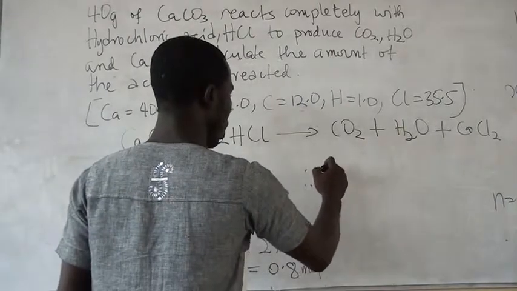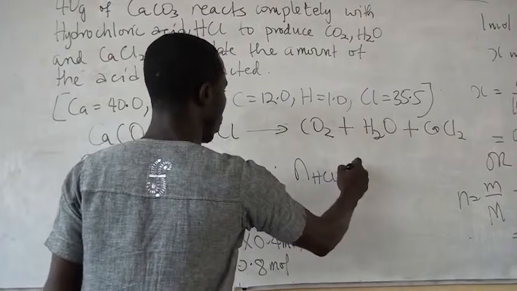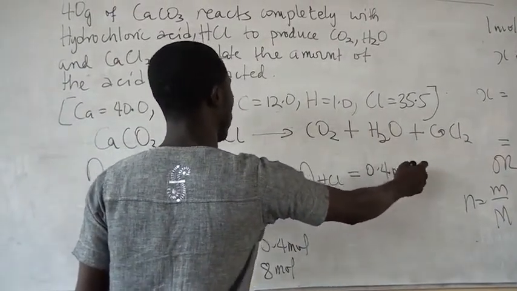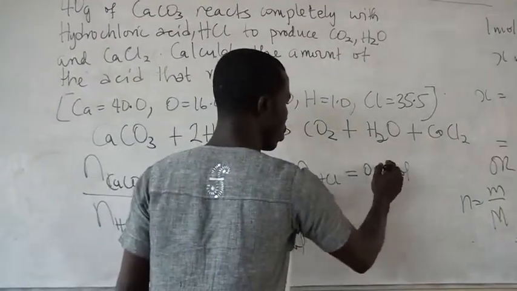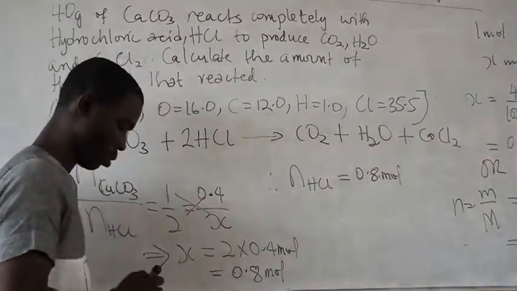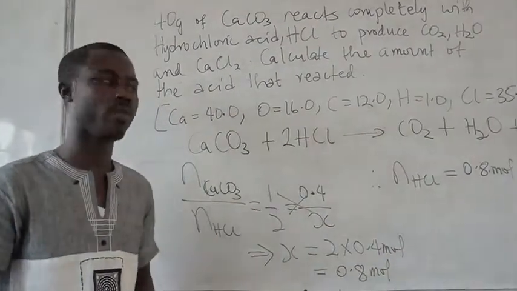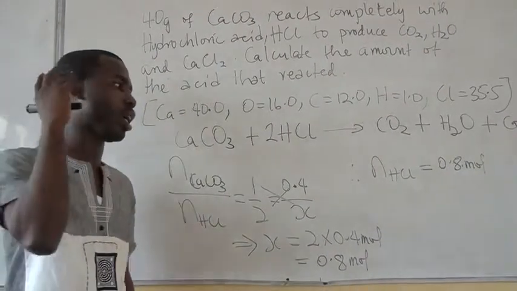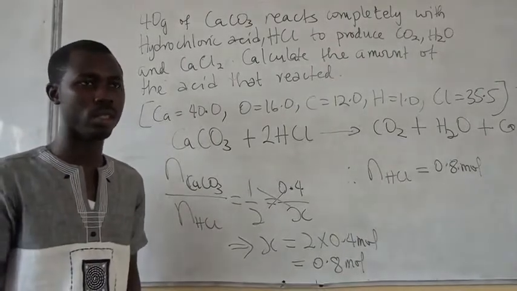Therefore, the amount of HCl equals 0.8 mole. Is it easy? Yes. Very simple. So that's the amount of the HCl that reacted with the calcium carbonate.